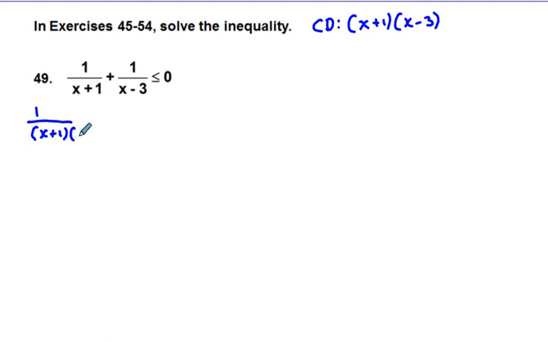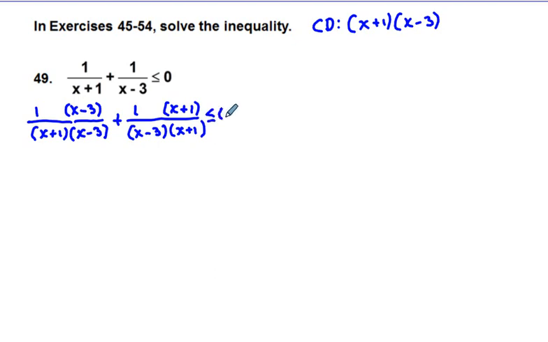We have to multiply by x minus 3 over x minus 3. And now for the second fraction we have 1 over x minus 3, and what do we have to multiply this by? Well, it's going to be x plus 1 over x plus 1, and all this is going to be less than or equal to 0.